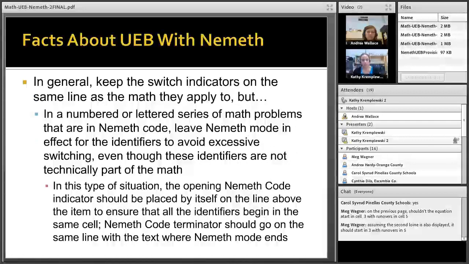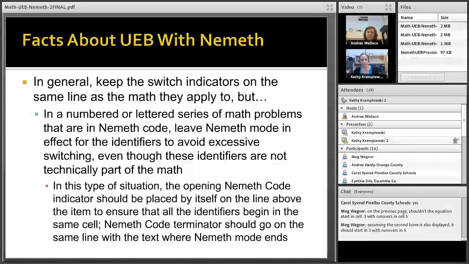In general, it talked about keeping the switch indicators on the same line as the math they apply to, but in a numbered or lettered series of math problems that are in Nemeth Code, leave Nemeth mode in effect for the identifiers to avoid excessive switching, even though these identifiers are not technically part of the math. So like your question number 1, 2, 3, or A, B, C. They're not technically part of the math, but that way you're not switching in and out and in and out.